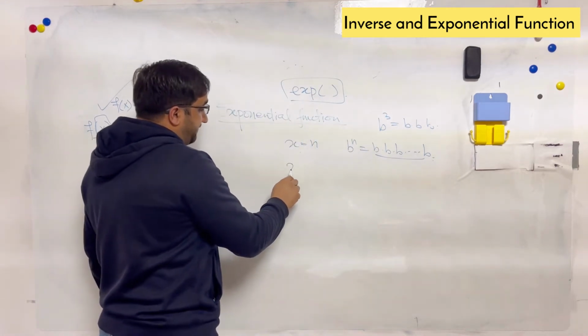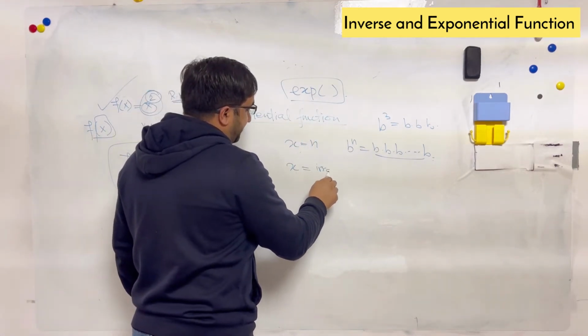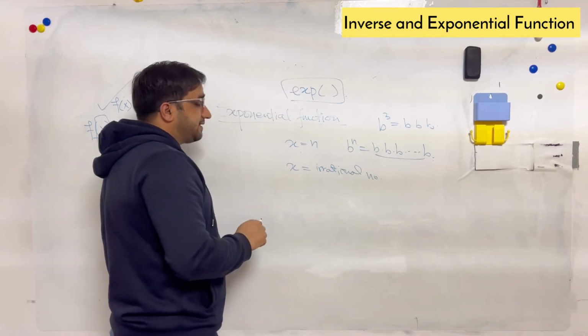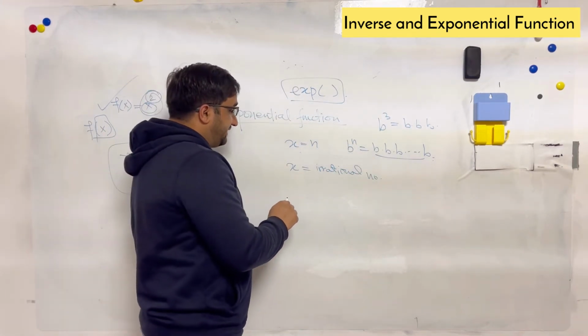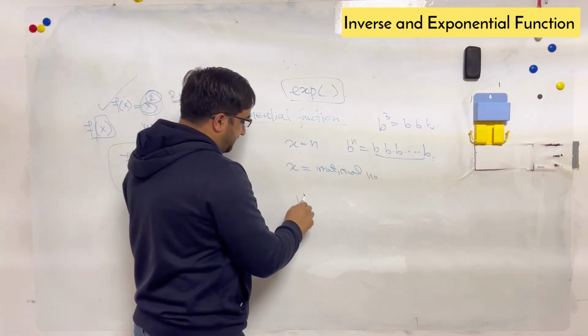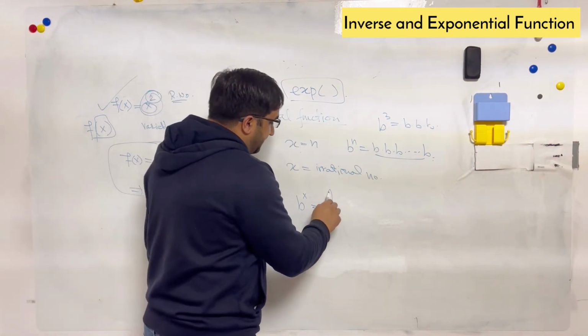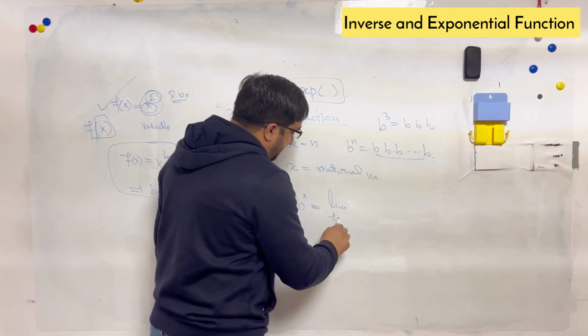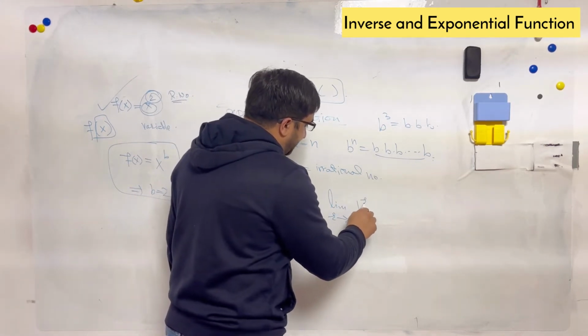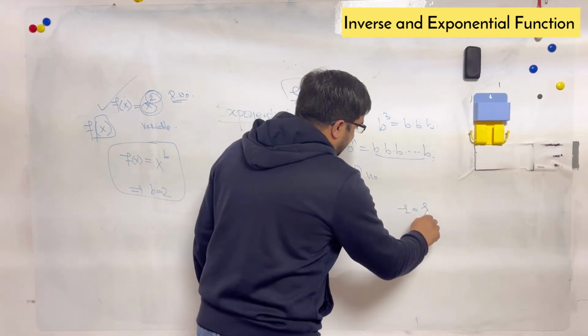But if x is some irrational number, in that case the exponential number b raised to the power x is equal to the limit as r approaches x of b raised to the power r, where r is some rational number.